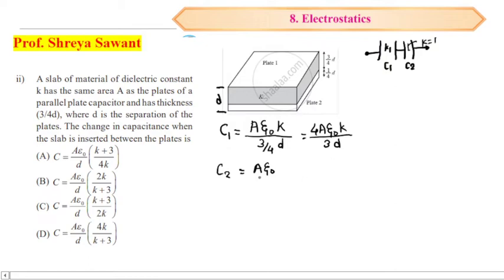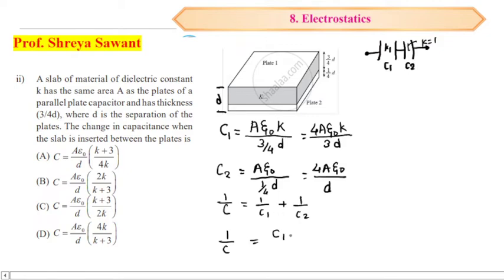So A epsilon 0 times 1 upon D, and the thickness is 1 by 4 D. The 4 goes to the numerator, and it becomes 4 A epsilon 0 divided by D. Now we know the series combination: when these two capacitors are connected in series, C equivalent is 1 upon C1 plus 1 upon C2, so 1 upon C is equal to (C1 plus C2) divided by C1 C2.